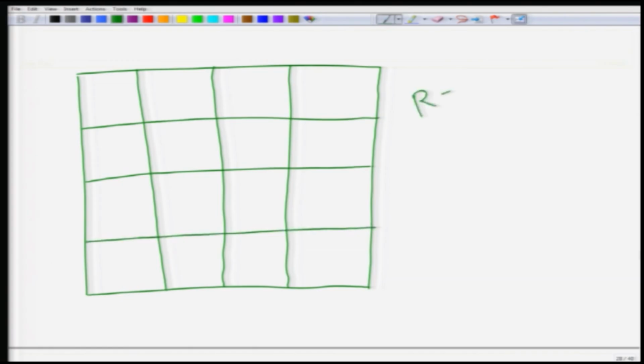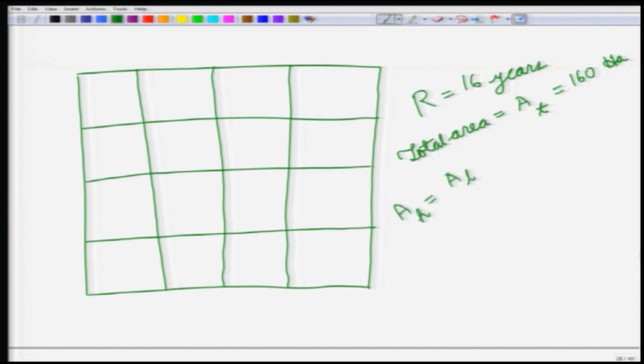So, we are saying that R is 16 years, and the total area is equal to A total. Say for sake of simplicity that this is 160 hectares. Area to be harvested will be given by the total area divided by R, which is 160 hectares divided by 16 years, is 10 hectares every year.